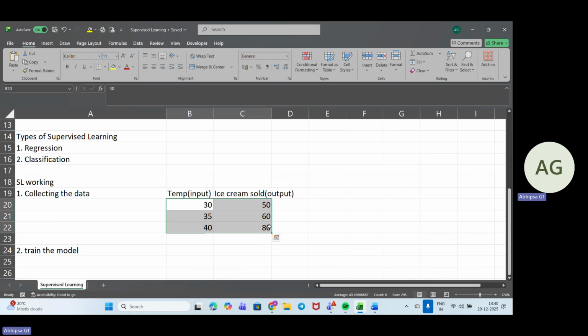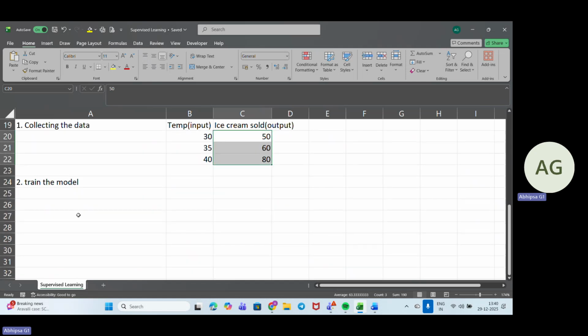When it's hotter, more ice cream is sold. We get this kind of idea after training, because the model tries to find the pattern. Here you can see that if the temperature increases, the amount of ice cream sold also increases, right? So this is the model training. From this data, the model is training.